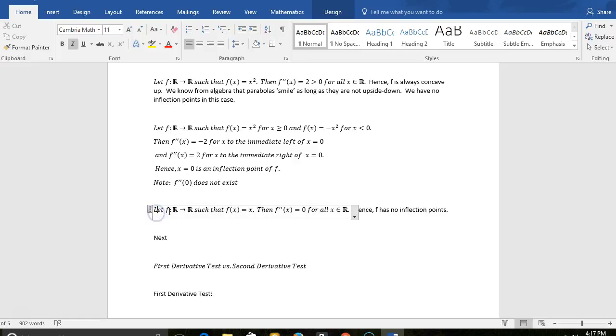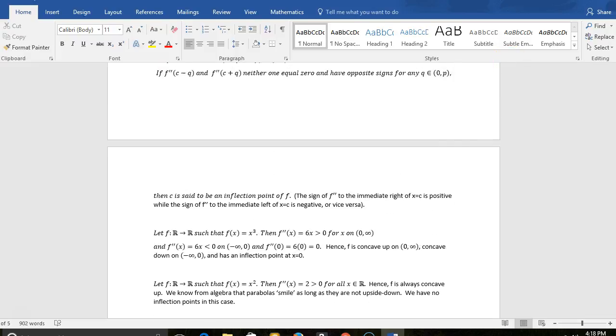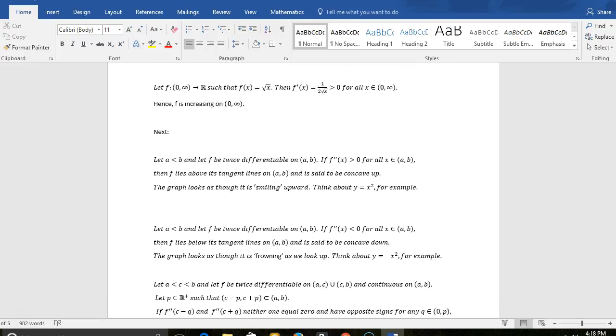Let f be a function from the reals to the reals. And again, now guys, the inflection point is a domain value x equals c, where f double prime changes signs, where we go from concave up to concave down. Now, if you're concave up, f double prime will be positive, and if you're concave down, f double prime will be negative. And did I state that earlier? I hope I did. If I didn't, I'm going to feel really, really embarrassed.